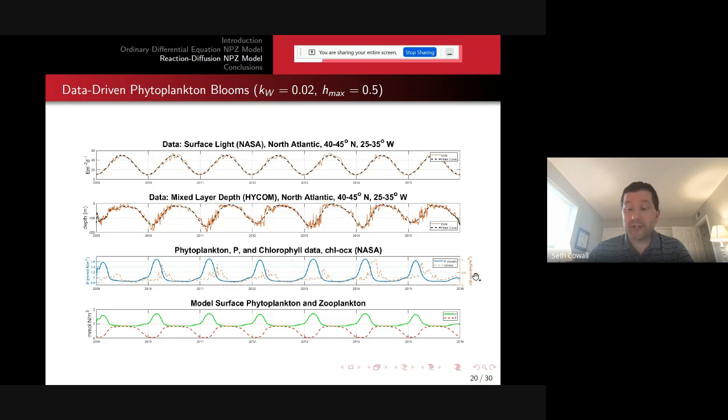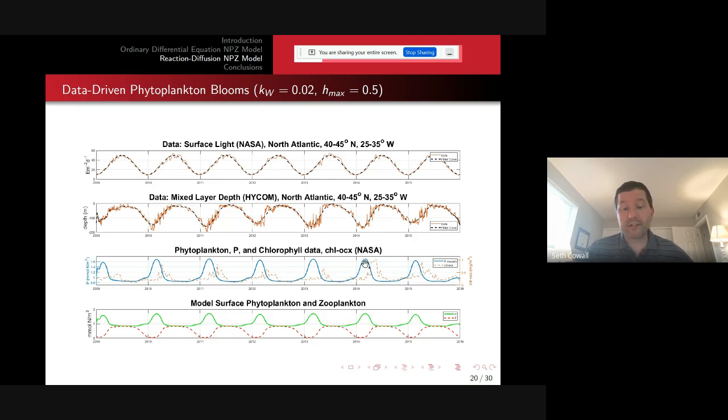This one on the left is for the orange curve, which is chlorophyll, a satellite measurement in units of milligrams per meter cubed. And on the right, for our blue curve, that's our model phytoplankton in millimoles of nitrogen per meter cubed. So I should point out right away, these are not the same units.